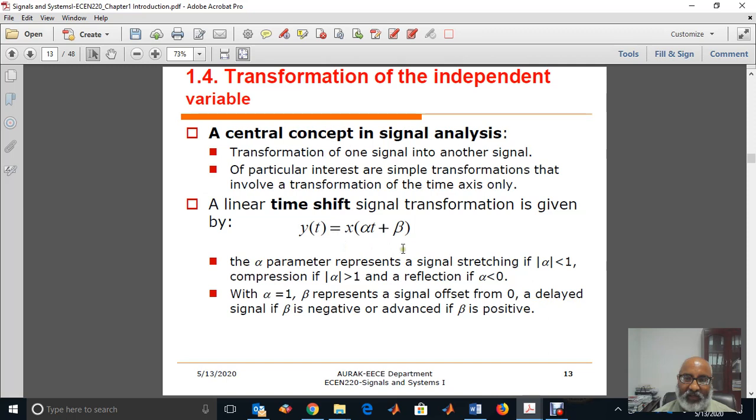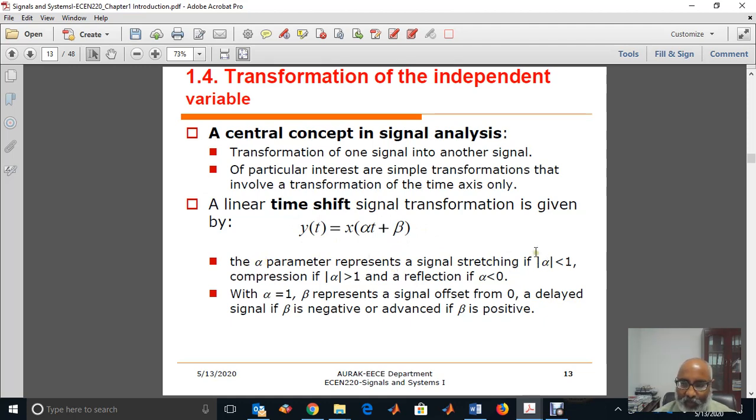So t is transformed to alpha t plus beta. In other words, if I have a signal x of t, and I want to find another signal y of t, which is equal to x of alpha t plus beta, then how does it look? Where alpha and beta are real numbers.